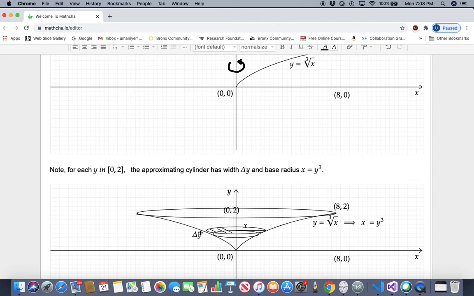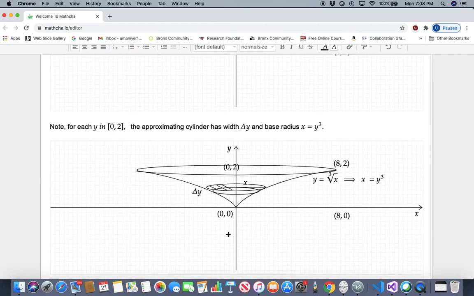Now again notice, I have to take horizontal slices. If I take vertical slices, I'm not doing anything useful. Why do I take horizontal slices? Because my curve has been rotated about the y-axis.